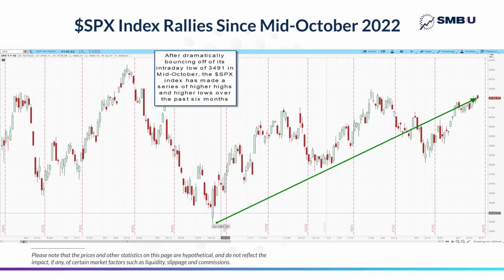For example, let's take a look at the SPX index, the S&P 500 index, over the last year. You'll notice that it's been in a pretty classic uptrend since October 13th, a day where the index initially sold off and then massively bounced, which many took as a technical indication of a possible bottom.